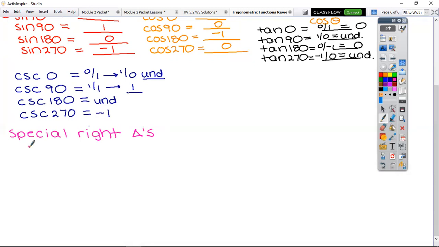So special right triangles are 30, 60, 90. Across from 30 is 1. Hypotenuse is 2. Across from 60 is radical 3. From that first triangle, I can obtain the sine of 30 is equal to 1/2.